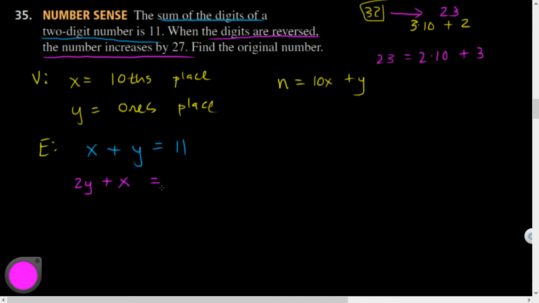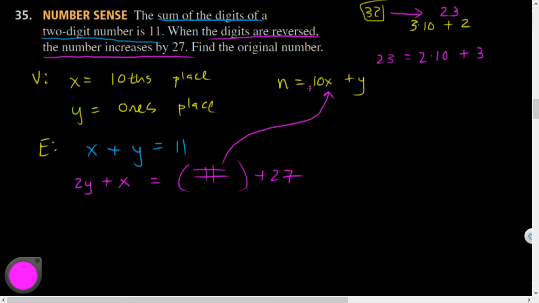And that is equal to the original number added by 27. So if I add 27 to the original number, how do I represent the original number? This problem is really good. What did I describe my original number as?